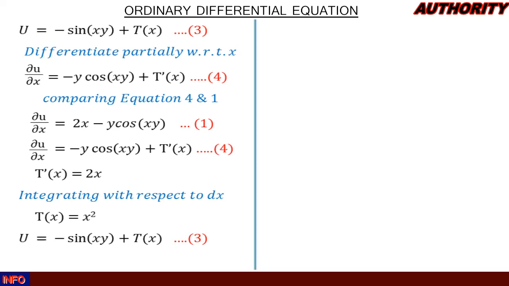Adding it here now, we say that u is equal to x squared minus sine xy. This is the u of x comma y that we are looking for, such that the partial derivative of this u with respect to x is going to give you m, and the partial derivative of this u with respect to y is going to give you n.